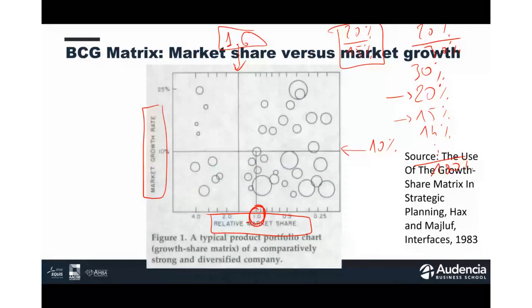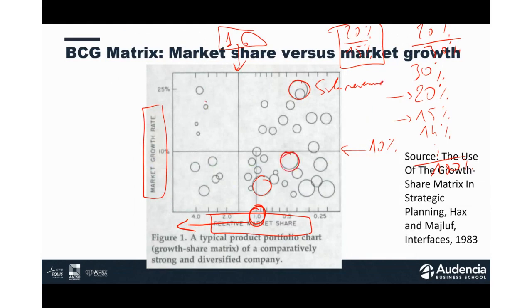But in this presentation, we consider it is not enough. We must have a much higher market share than the next competitor on the market. And the bubbles are in function of the size of the sales revenue. So here, high sales revenue, and here very low sales revenue.